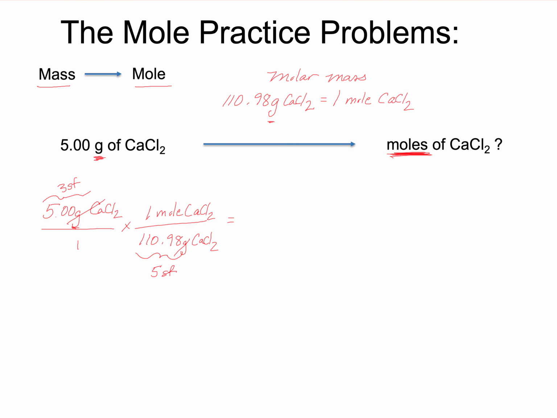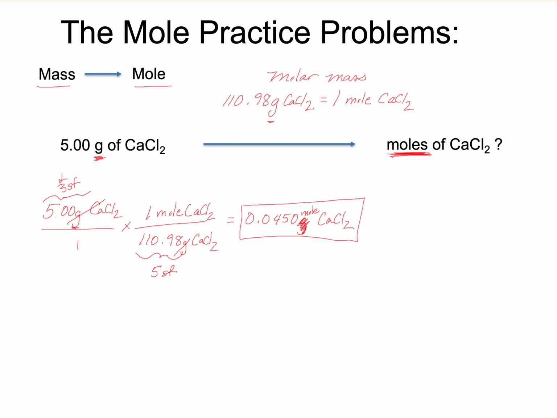So we're doing all multiplication and division, so we'll go with the lowest one, and that's 3, and we'll put our answer in 3 sig figs. So I round that to 0.0450 grams of calcium chloride. And that is how many grams? I'm sorry, not grams, moles. Apologies for that. Moles of calcium chloride.